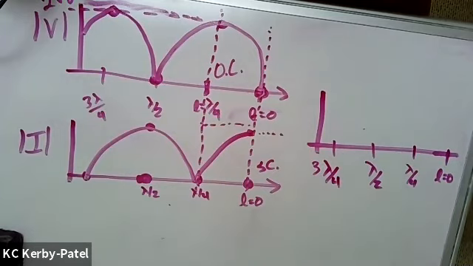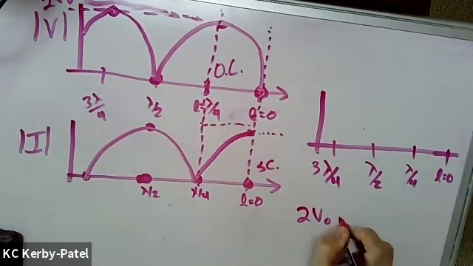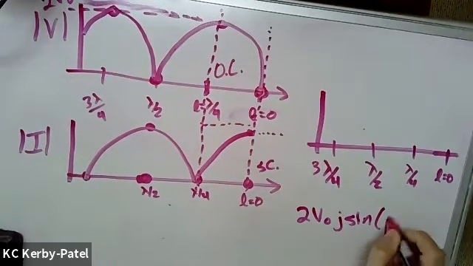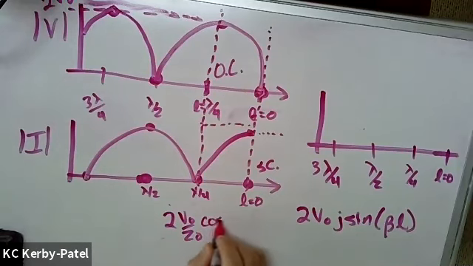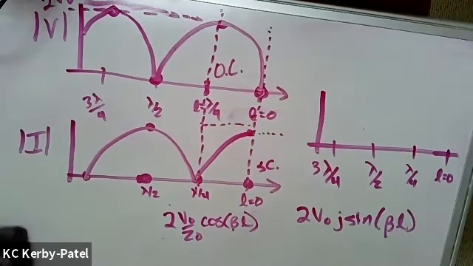There we go. If you remember, there was a j. The voltage was 2 V naught j sine of beta L, and the current was 2 V naught over Z naught cosine of beta L. So I could just divide these two things, right?